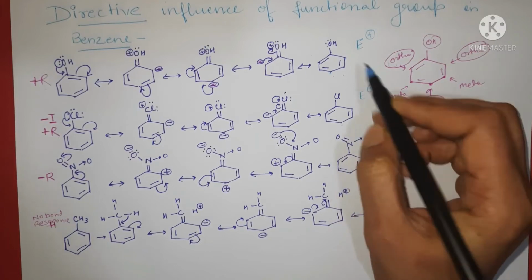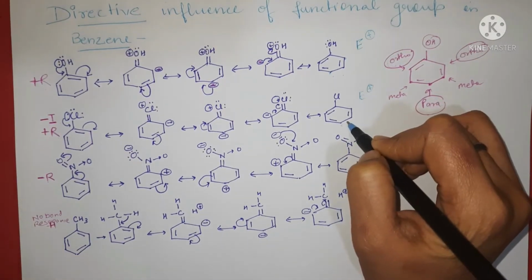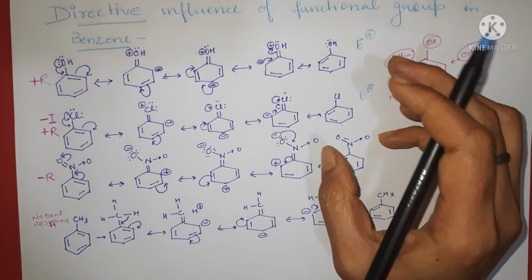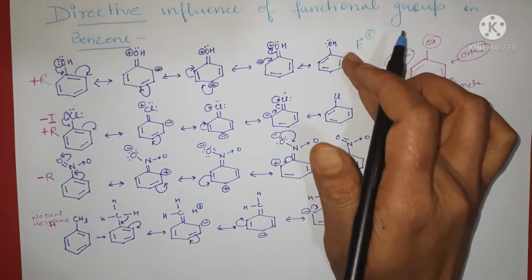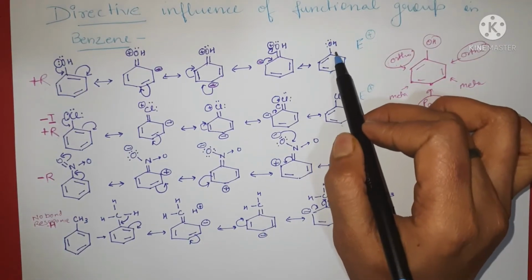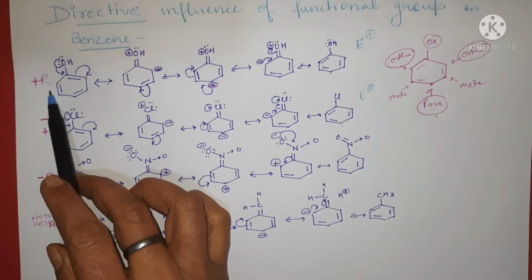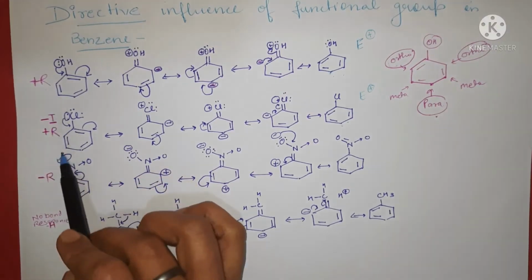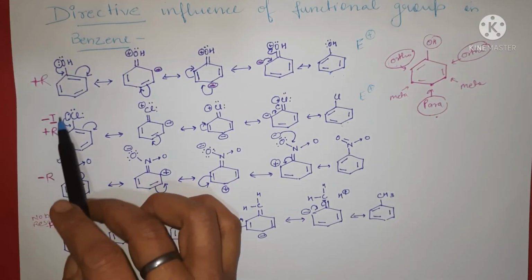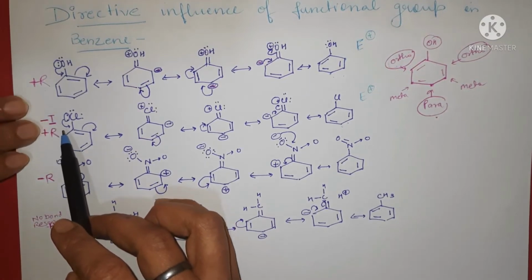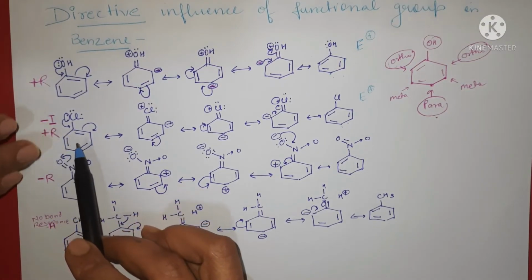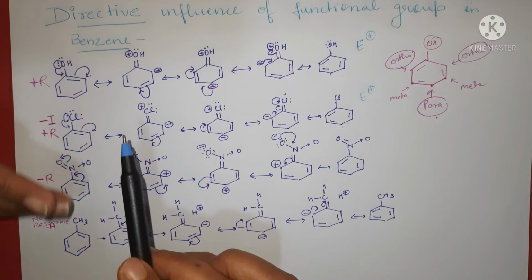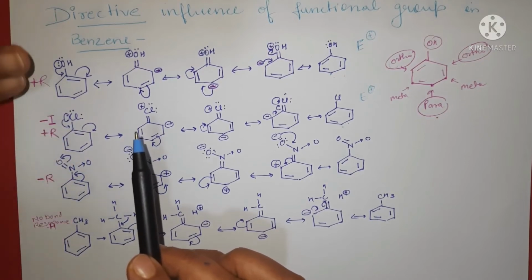But if we compare the phenol and chlorobenzene, the electron density more will be in case of phenol, because here only plus R effect is affecting. But here you can see, due to this minus I effect, as compared to phenol, some of the amount of electron density will shift toward chlorine also.